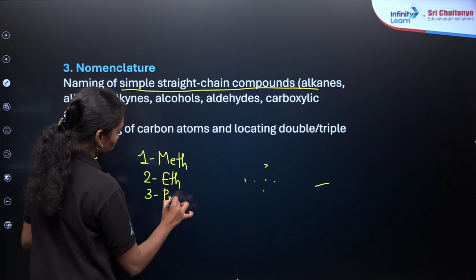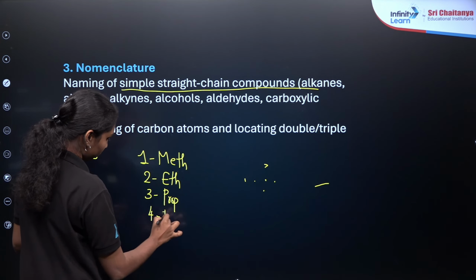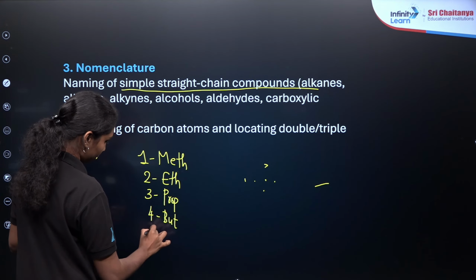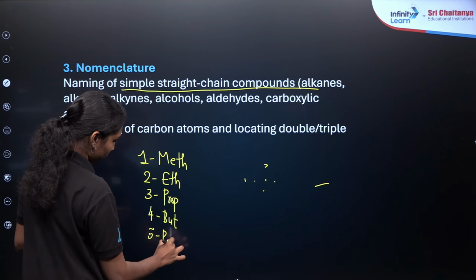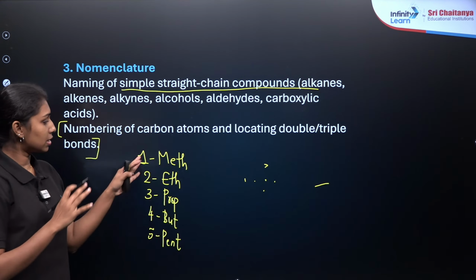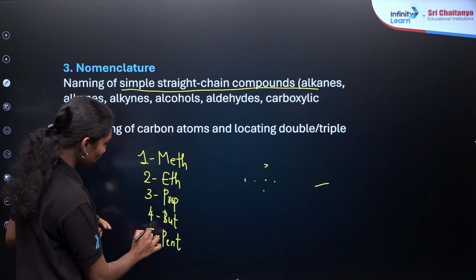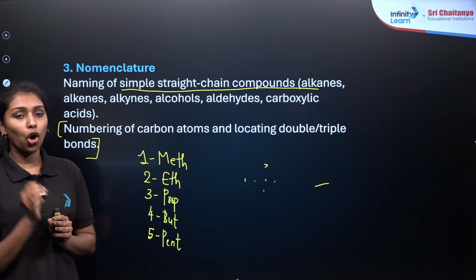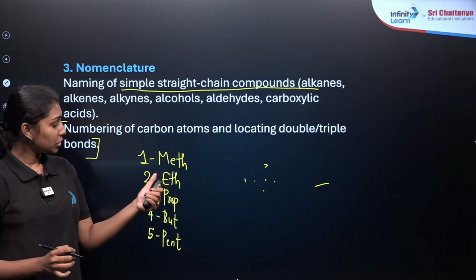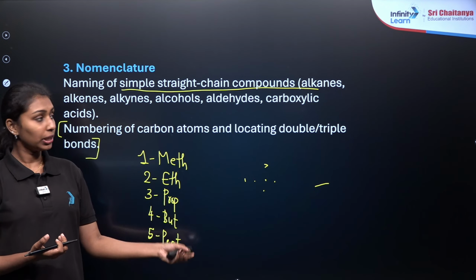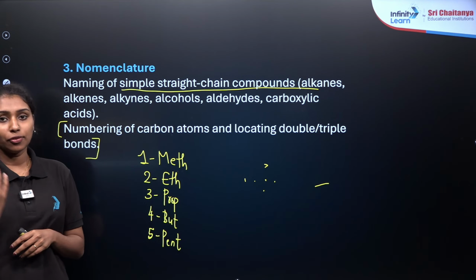You already have an idea about that. Six till 10 you must have an idea about that. So meth, eth, prop, but, pent, and so on. So first you need to identify the longest chain containing the carbon number. Depending upon the carbon number, you will get the word root. Then we need to focus on the functional groups present.